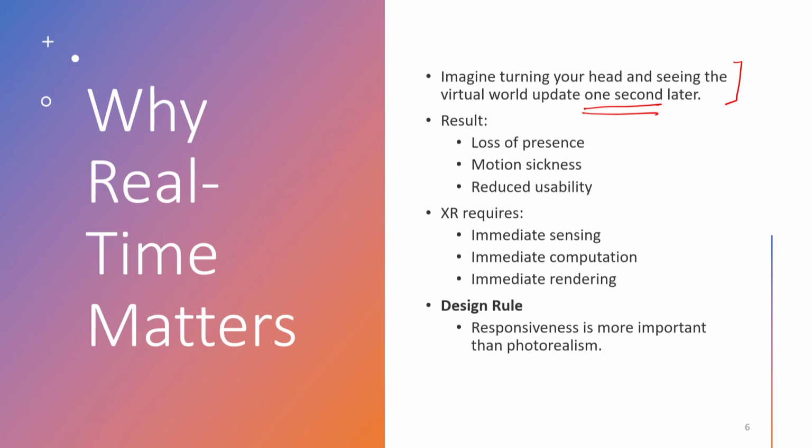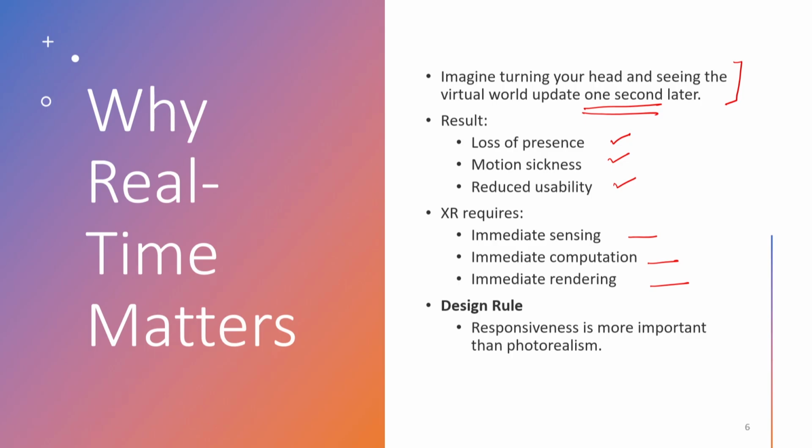What would happen as a result of this is that you would sense a loss of presence in that world, you would experience some kind of motion sickness possibly, or overall your feeling of how you are using the system will reduce, or you will have reduced usability in the system. And that is why XR requires immediate sensing, immediate computation and immediate rendering. So, as a design rule, we need responsiveness in the XR system.